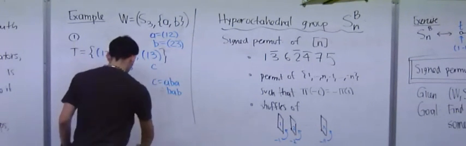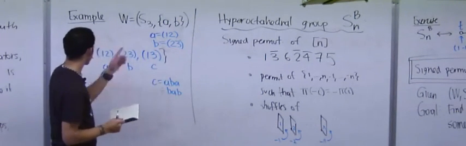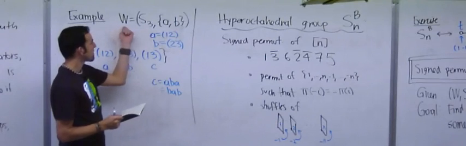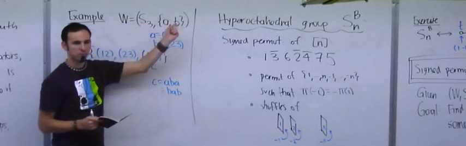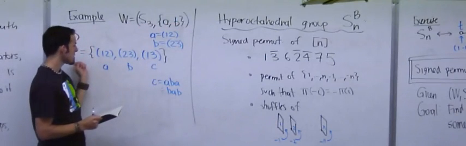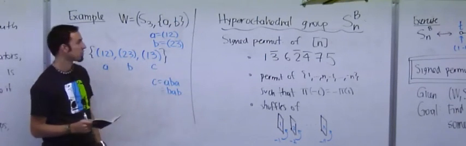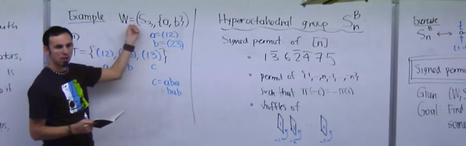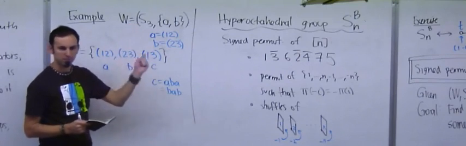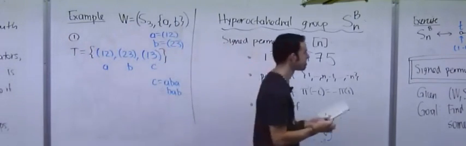Okay? So what I'm saying is that now I want to think of this group W as living inside the signed permutations of this set A, B, and C. So I'm going to realize each element in here as a signed permutation of these three guys. That's my goal.